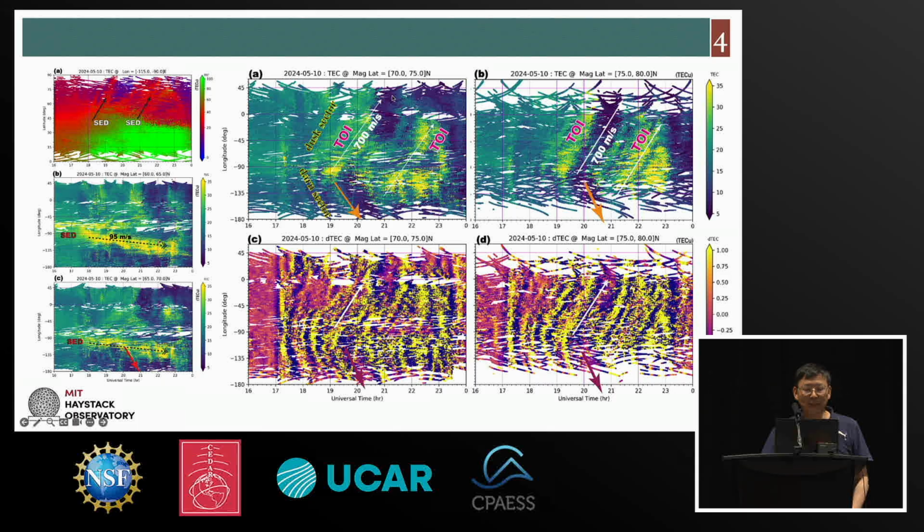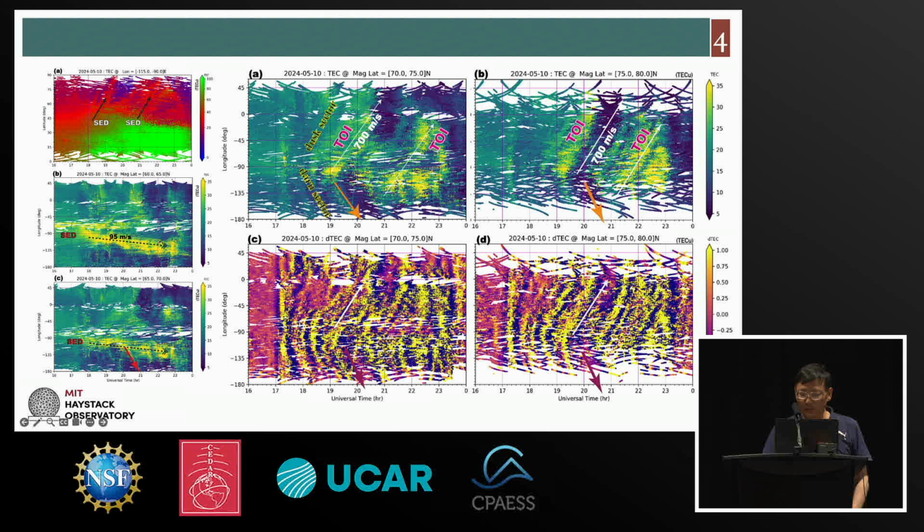The low density region you can see here, which is what I call the plasma density hole, goes further into the polar cap region; this was 70 degrees, and this was 75 to 80 degrees in latitude. You can see this is basically next to the TOI, moving this way.